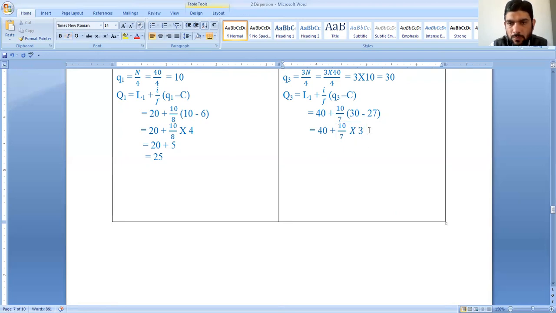We multiply and then divide by 7, so it will be 30 divided by 7.